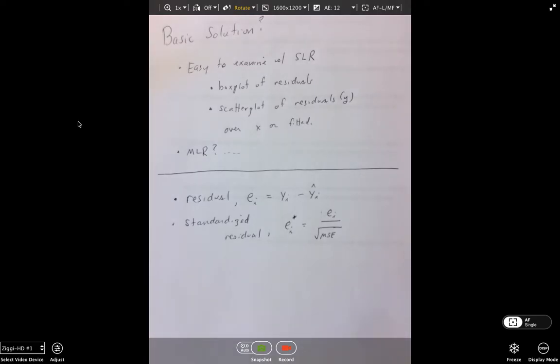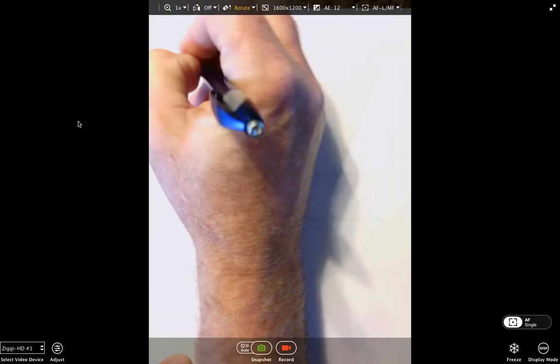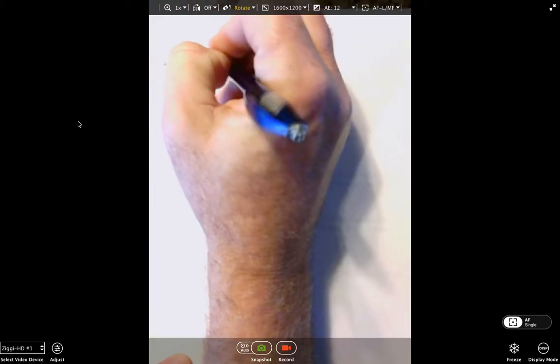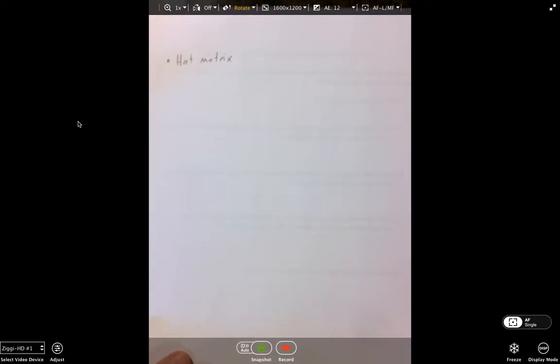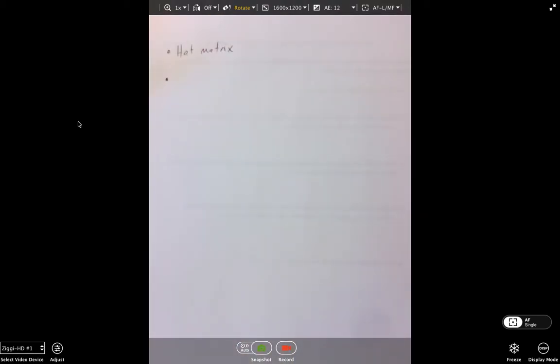All right. Now let's do some stuff. Guys, from many moons ago, you probably recall a matrix that we encountered in matrix operations, for the most part, to examine multiple regression models.